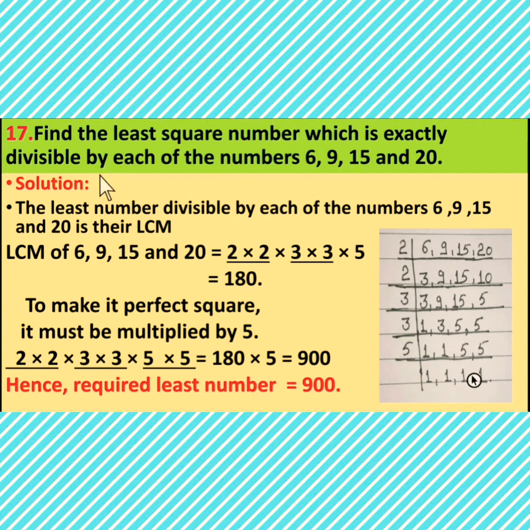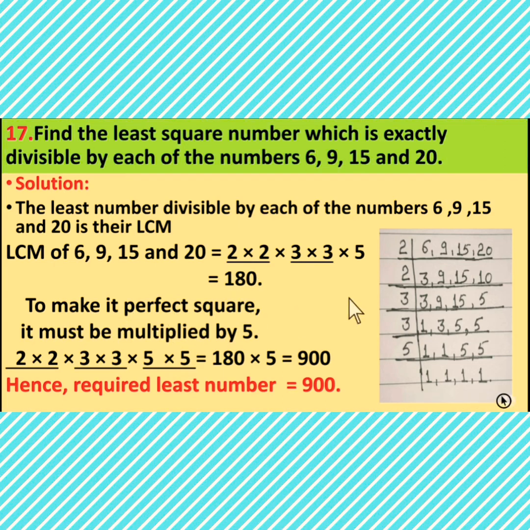We know that the least number divisible by each of the numbers 6, 9, 15 and 20 is their LCM. So first we have to find the LCM of 6, 9, 15 and 20. We get 2 into 2 into 3 into 3 into 5. You can see this is not a perfect square number. So it is the least number but it is not a square number. To make it a perfect square number, we multiply both sides by 5.